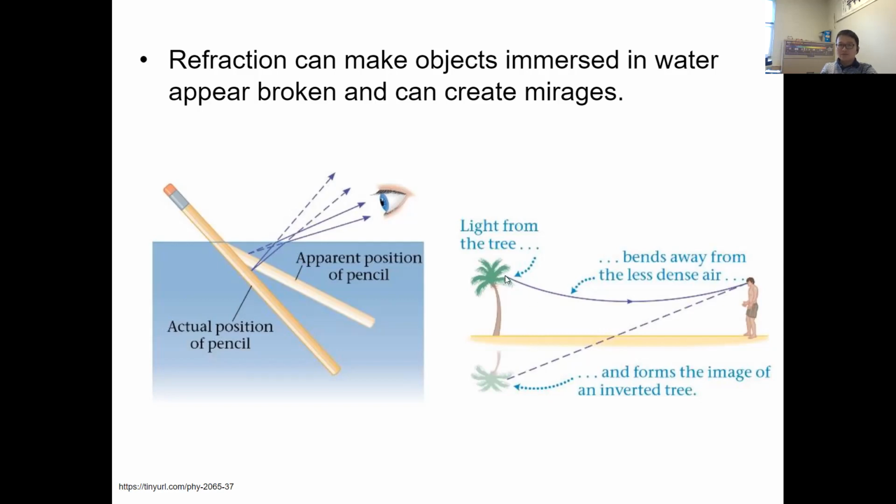A light ray coming from here will be bent, constantly refracted and curved, and then comes to your eye, but it appears to be coming from somewhere down there. So you see an image of the object above the ground. Or if you are driving down the road, you'll probably see clouds on the low surface, the image there. Those are called mirages.